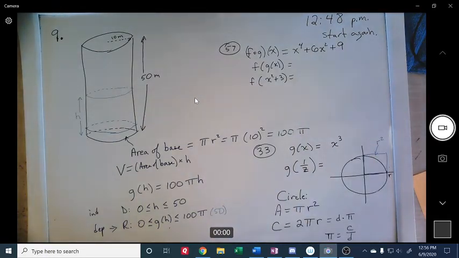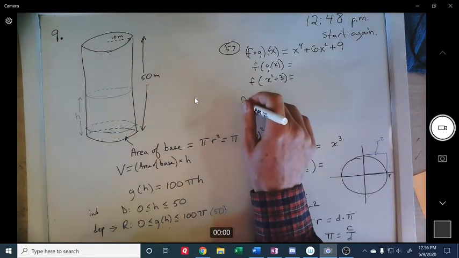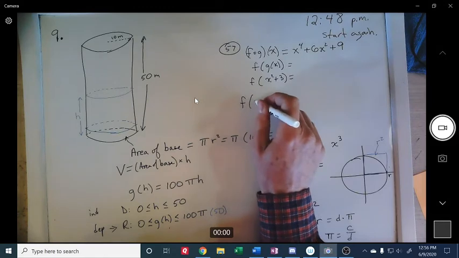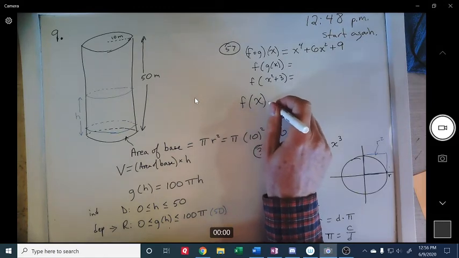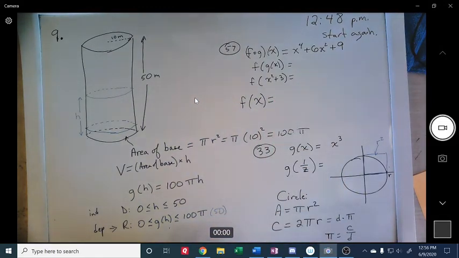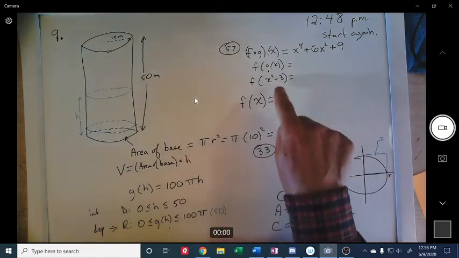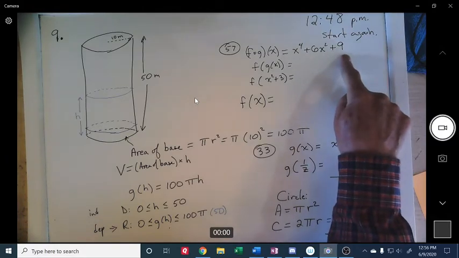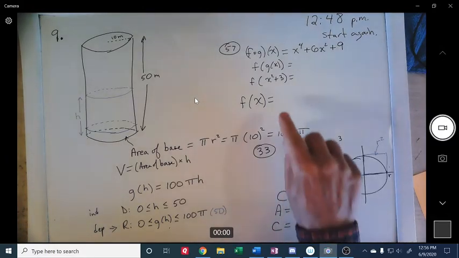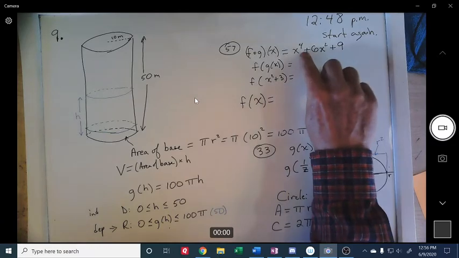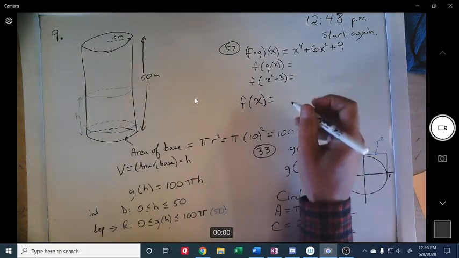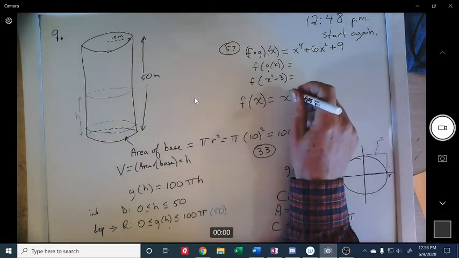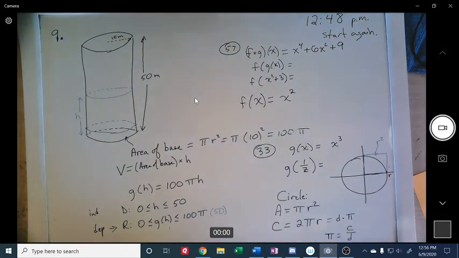Now, my one possible guess is maybe f of x is... what would I do to this thing to get to this? I've got to turn a square into a whole power. You have to square it. All right, let's try squaring.